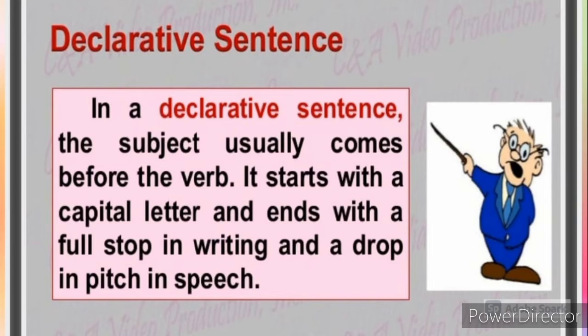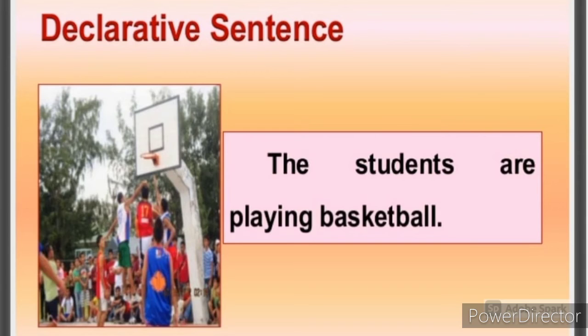In a declarative sentence, the subject usually comes before the verb. It starts with a capital letter and ends with a full stop in writing and a drop in pitch in speech. So declarative sentences are those in which a subject precedes a verb, and they start with a capital letter and end with a full stop.